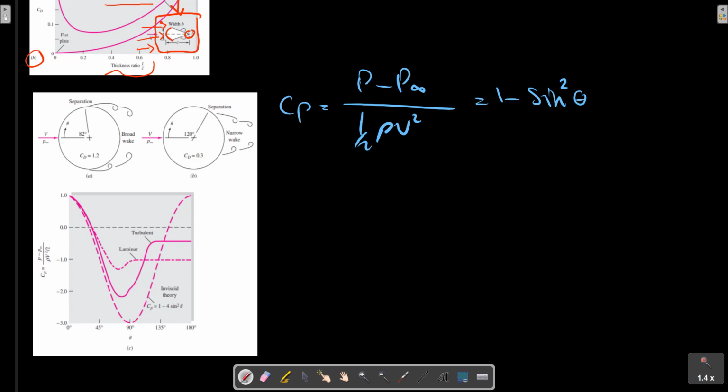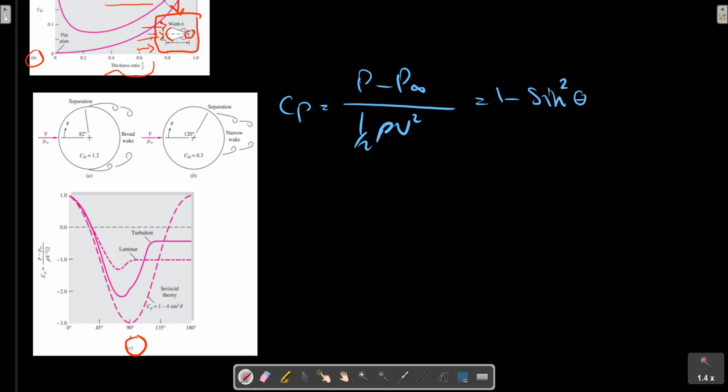In the picture, the actual laminar and turbulent boundary layer pressure distributions are startlingly different from those predicted by theory. Laminar flow is very vulnerable to the adverse gradient on the rear of the cylinder, as shown here.